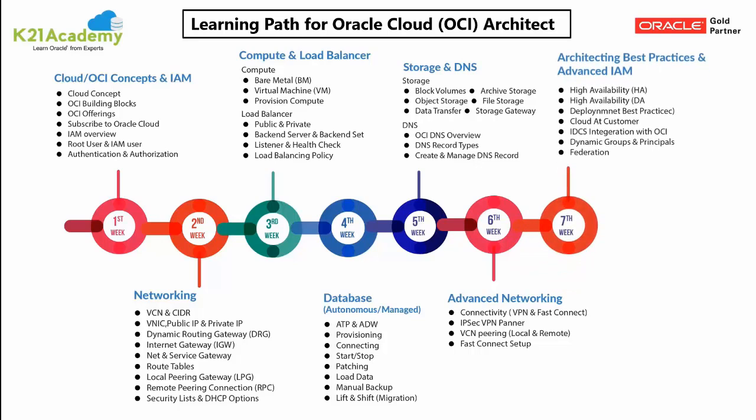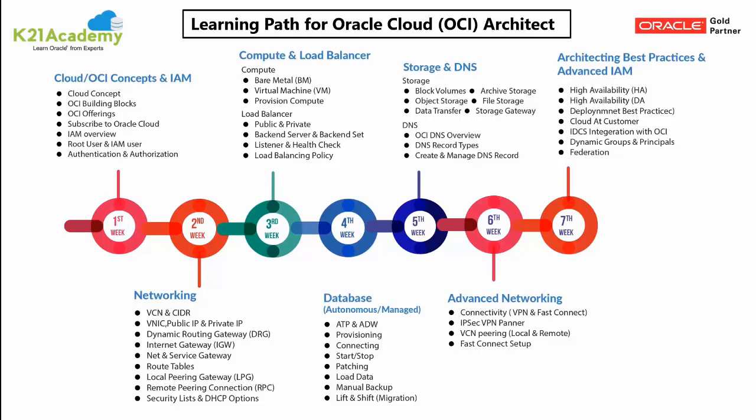Then in week 7, you cover high availability and best practices. So whatever you've learned in the previous weeks, how do you deploy all these following best practices? How do you configure them in high availability? How do you configure them in disaster recovery? What are the deployment best practices? What are some of the use cases if you're deploying at a customer site, how will you deploy those services on OCI?